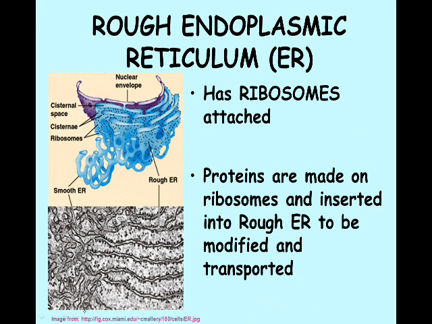If you look at the rough ER under a microscope, you see these little ribosomes, the little bumps attached to the surface of those membrane tubes, and they run throughout the cell. Ribosomes are making our proteins and then inserting the proteins into this tubing, which sends them around to where they need to go inside the cell.